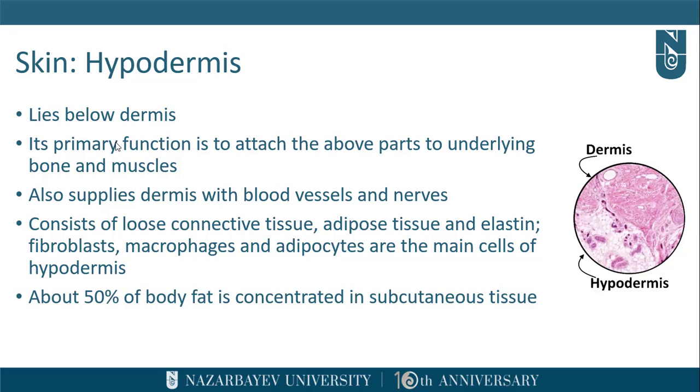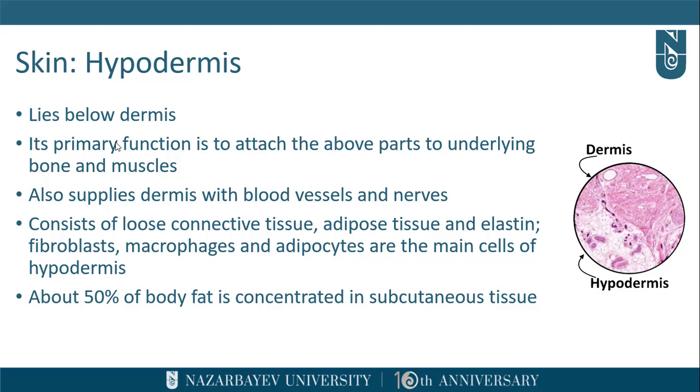It supplies the dermis with blood vessels and nerves, and contains loose connective tissue. If you remember from the last lectures, loose connective tissue has largely spaced elastin fibers, and it also has collagen fibers there, but the main feature is that it has loosely situated elastin fibers.